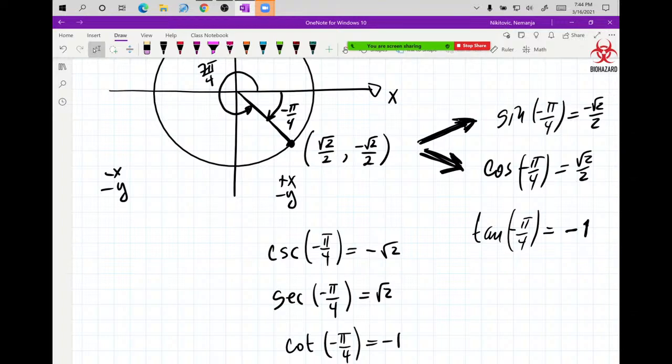Think about it. Look at it. Negative, negative, negative, negative. Those are the ones that have negative signs. The other two don't have negative signs. And we also know that secant and cosine are flips of each other, right? Cosine was adjacent over hypotenuse, and the secant was hypotenuse over adjacent.